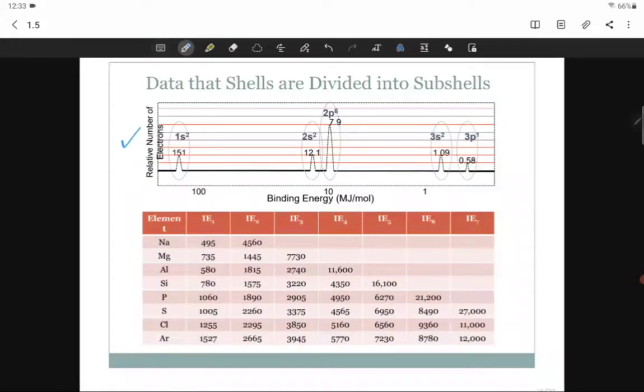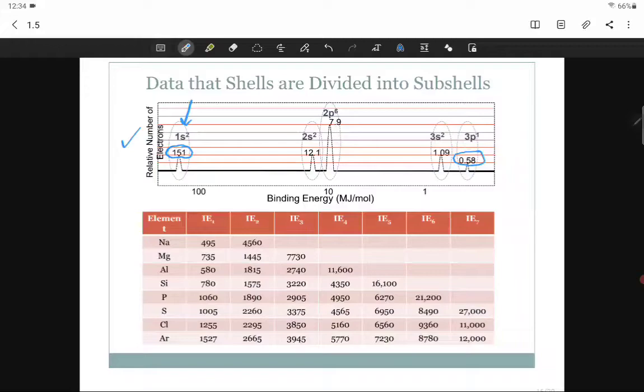This isn't how it would really look in the printout you would get on a computer or a piece of paper. But at a certain amount of energy, 151, you could get rid of the 2 electrons closest to the nucleus. How did I know those were close to the nucleus?